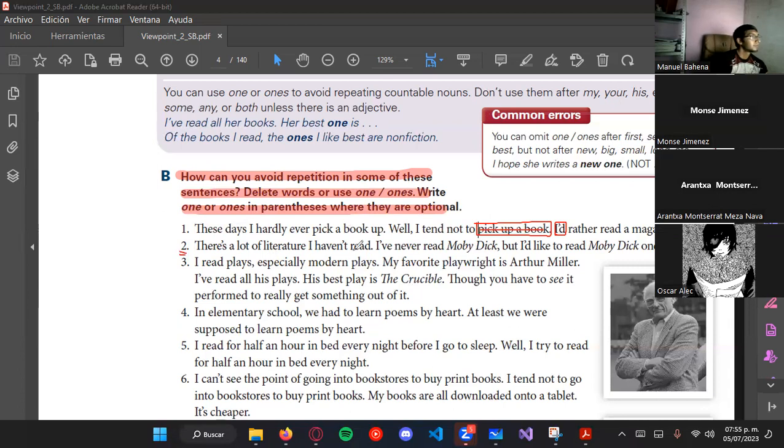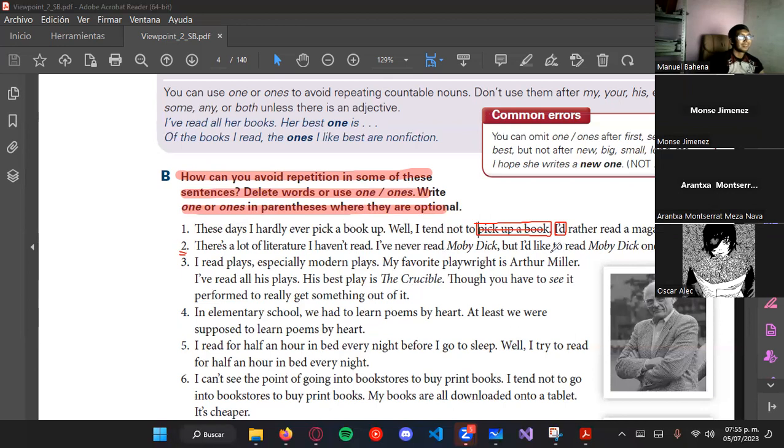Yes, there's a lot of literature I haven't read. I've never read Moby Dick, but I'd like to read Moby Dick one day. In my opinion, delete Moby Dick and just like that. Oh, no, sorry.